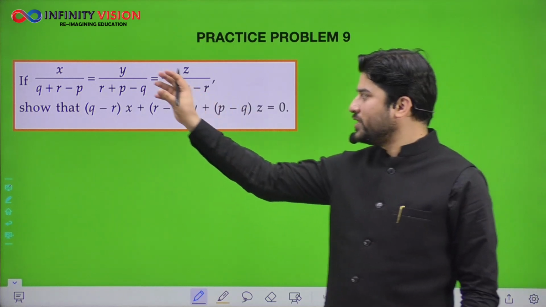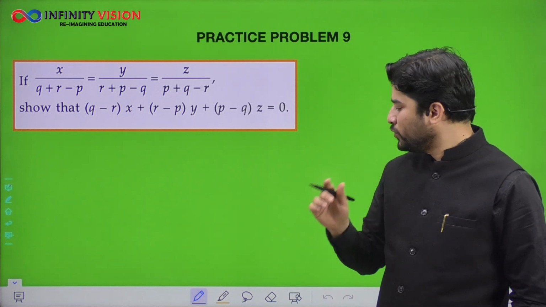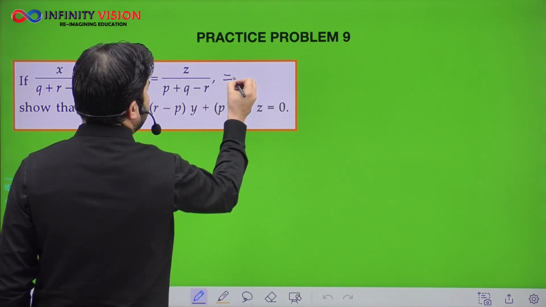Now, whenever you see a series of continued ratios which are equal, what do you do? You begin by equating it with lambda.